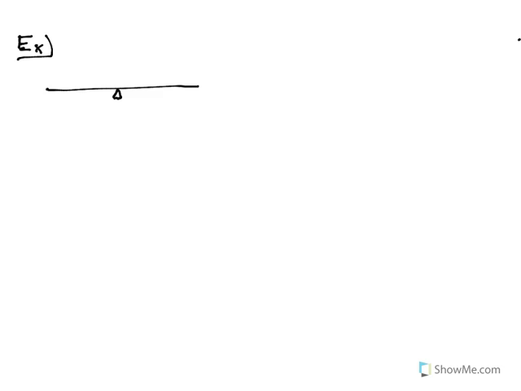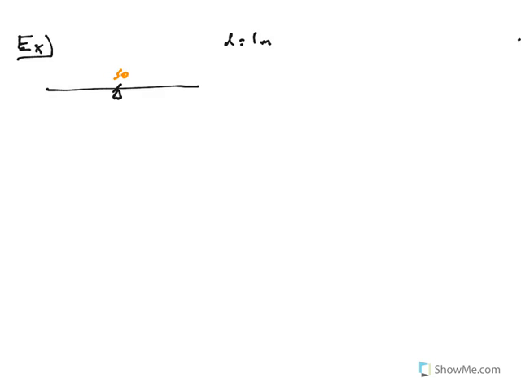It's balanced at the center. Let's say this particular seesaw is just a little meter stick. So the length of the meter stick is, of course, 1 meter. And because it's balanced at the center, that means where this little fulcrum is located is the 50 centimeter mark.